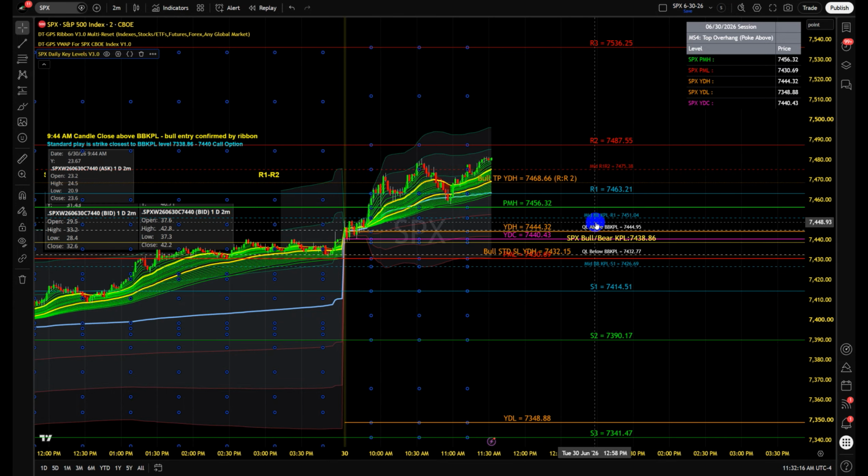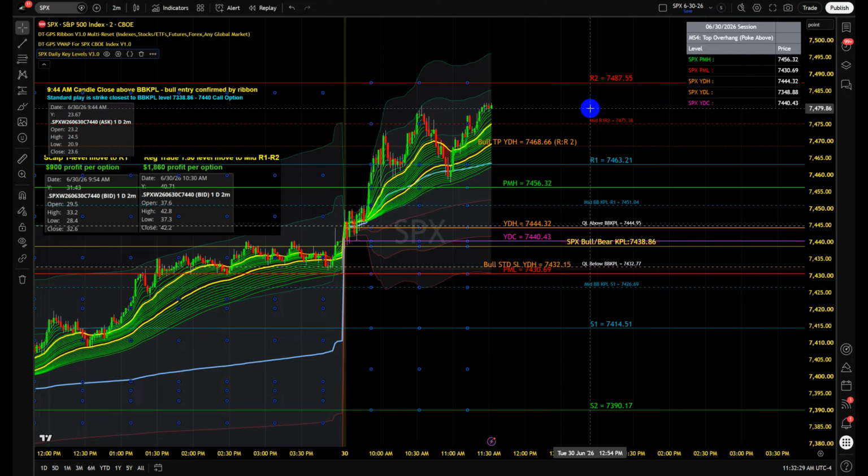So 80 to 85% of SPX sessions in a normal year, in a normal or moderate volatility environment, are going to be contained within a two-level extension away from the SPX bull bear KPL. That would be R2 down to S2.